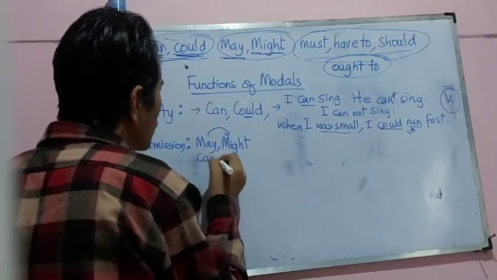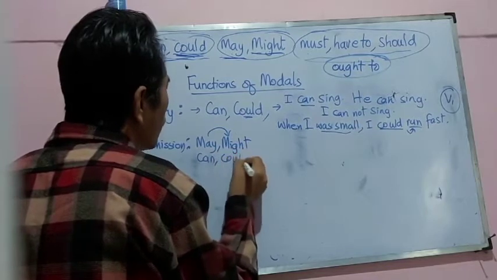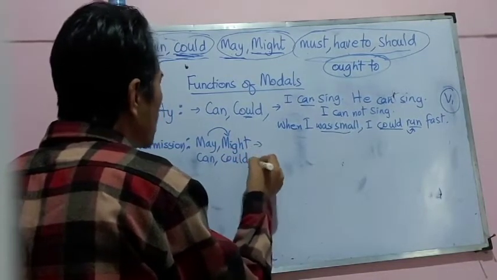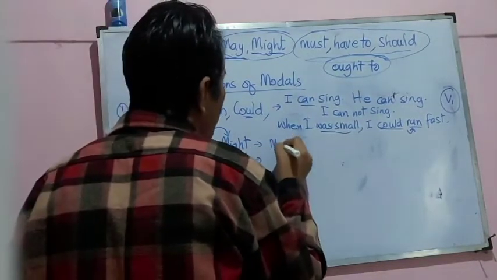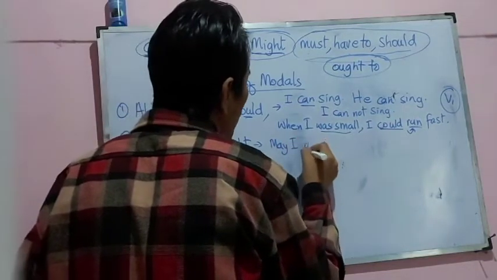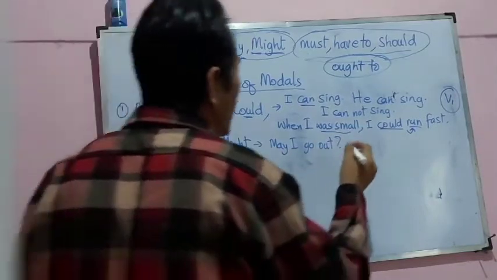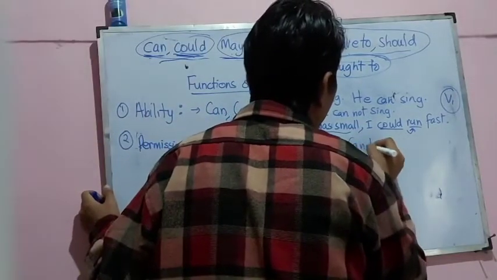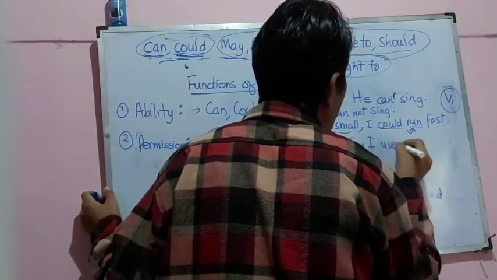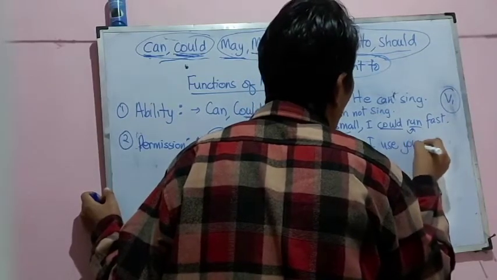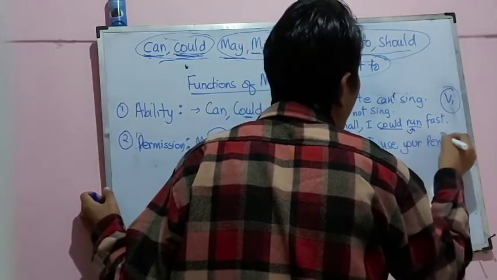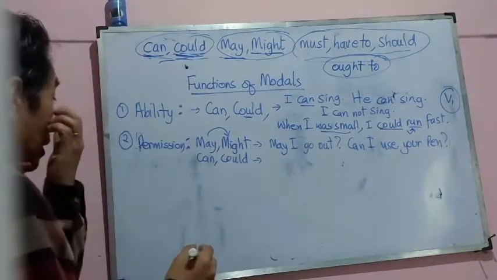We also use can for permission. So, may I go out? Can I use your pen? Now these are the permission.